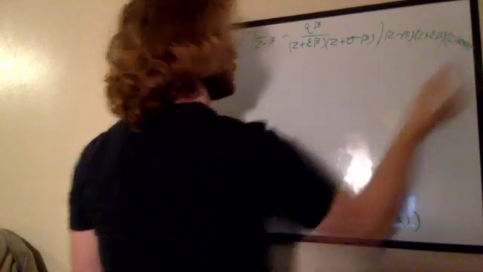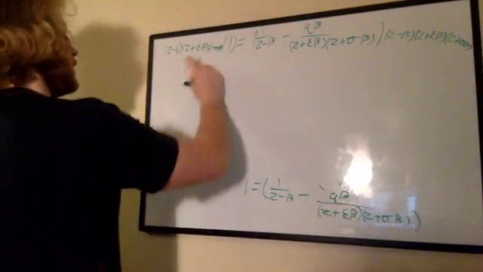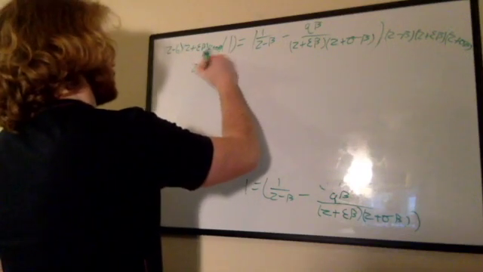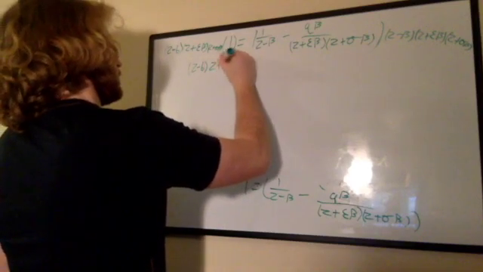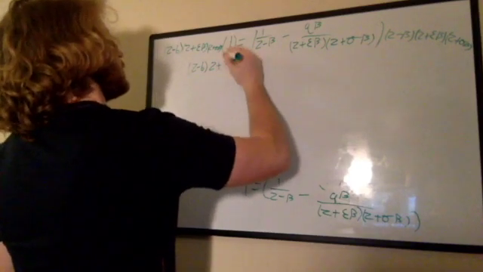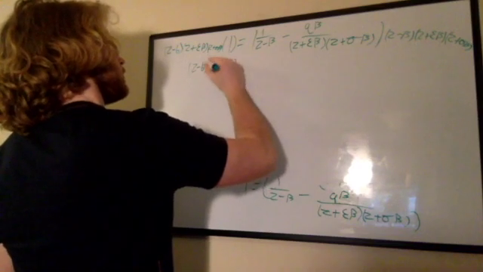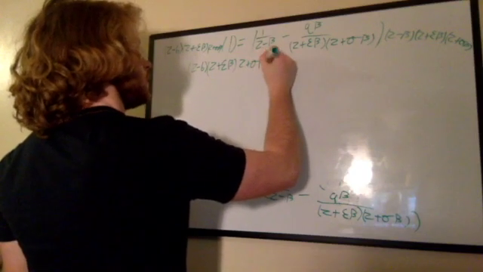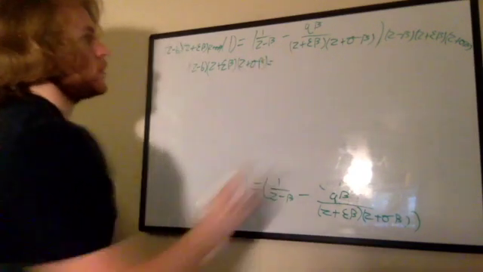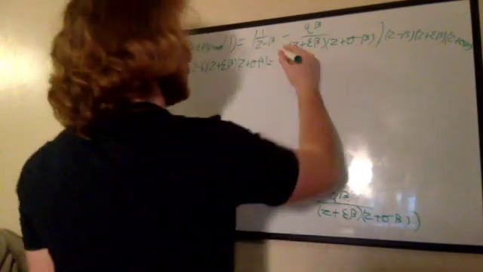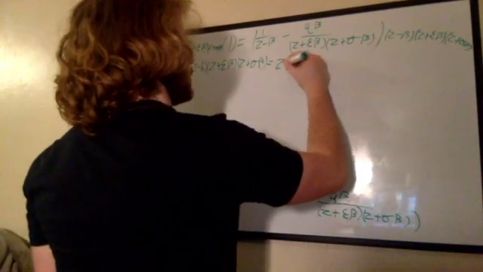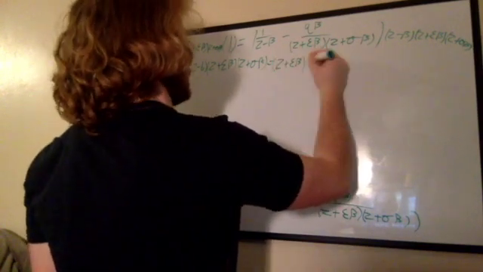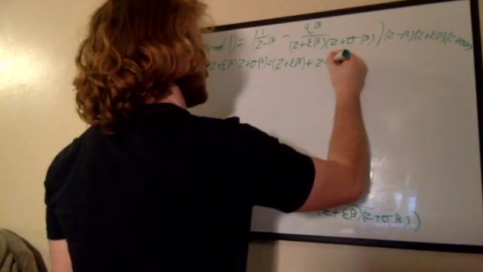Running out of room. It's alright. So basically this just drops down right here. We'll get z minus beta, z plus epsilon beta, z plus sigma beta, and that is going to be all equal to this. So the z minus beta's are going to cancel right here. So on the left side, it's just going to be z plus epsilon beta multiplied by z plus sigma beta.